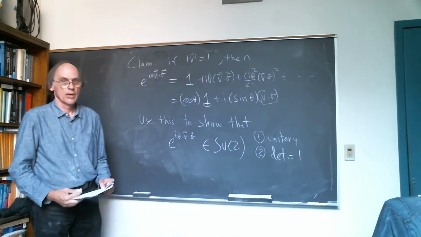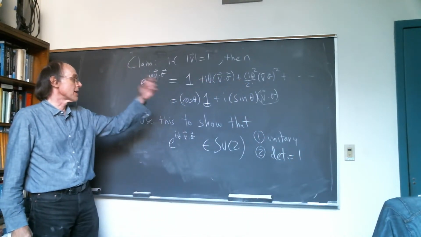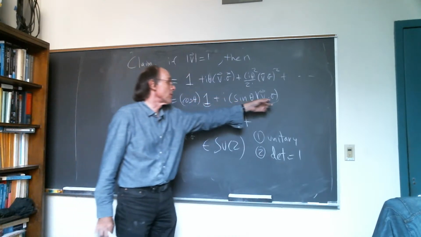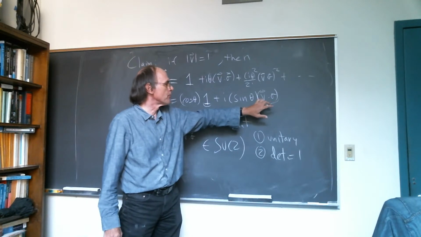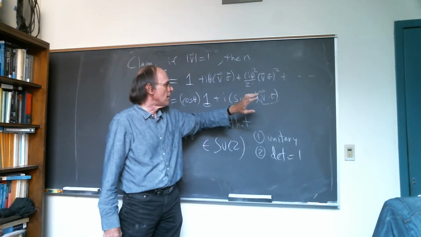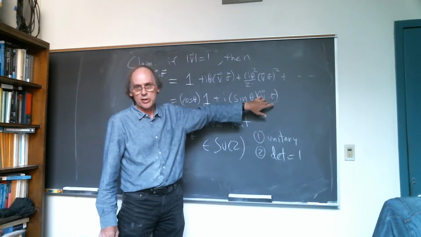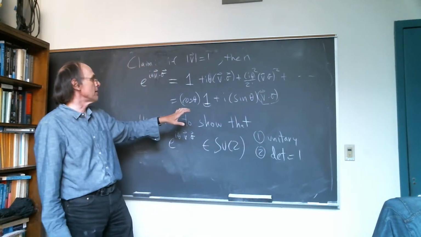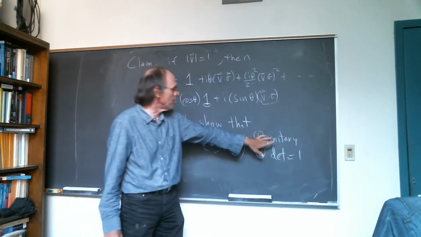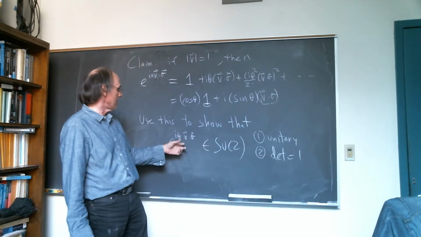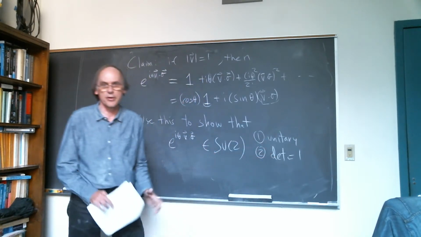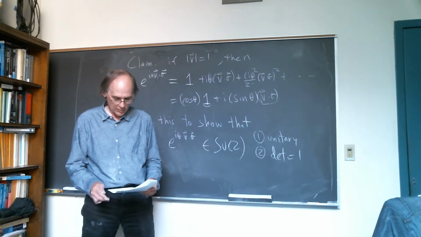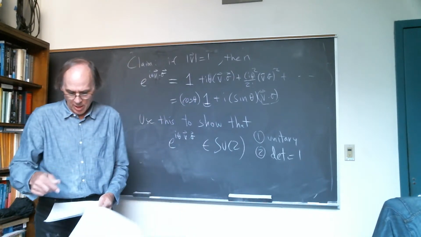So you can very explicitly show, based upon just the properties of the sigma matrices, the fact that they're self-adjoint 2x2 matrices, that these guys are unitary matrices and they're determinant 1. So they're in this group SU2.